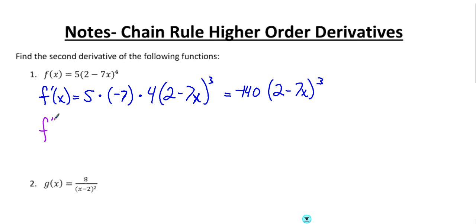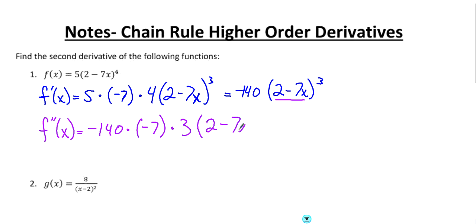So f double prime of x equals, so I'm going to put down the 140 just like I did with the 5. Then I'm going to take the derivative of the inside, which again is still negative 7, times the derivative of the outside. This time it's going to bring down the 3, and then subtract 1 from the power to get 2.